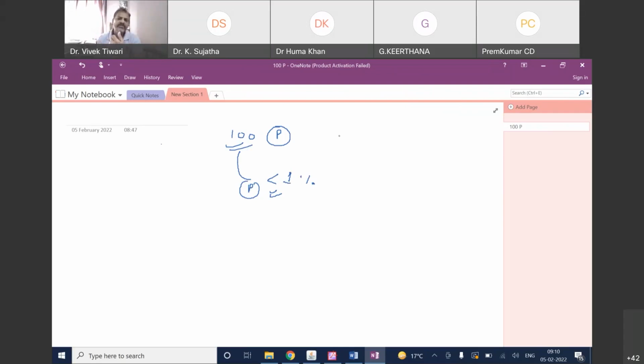The survey says it is one out of 1000. If you are achieving this much success ratio, it is also very good. So try to understand: 100 times you have tried, 100 people you have reached out to, hardly one person is ready to see your policy, ready to come to your office and show their interest.